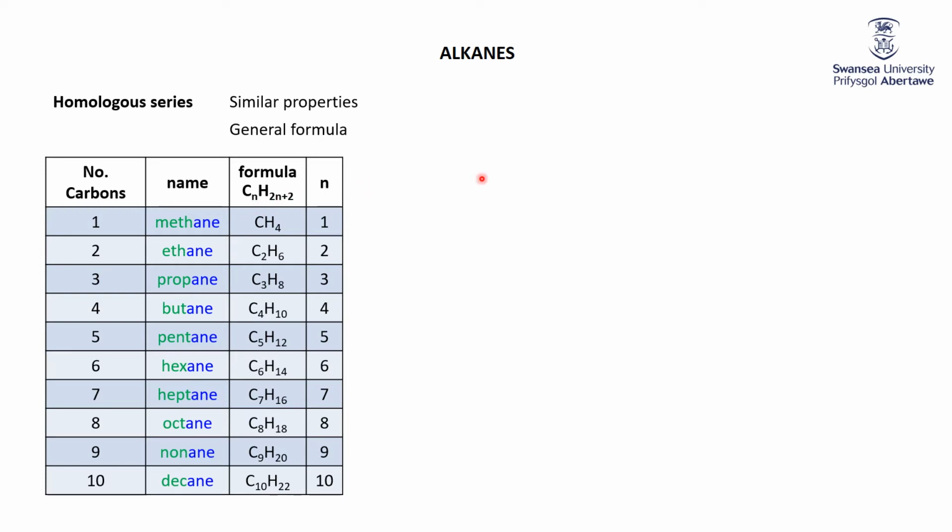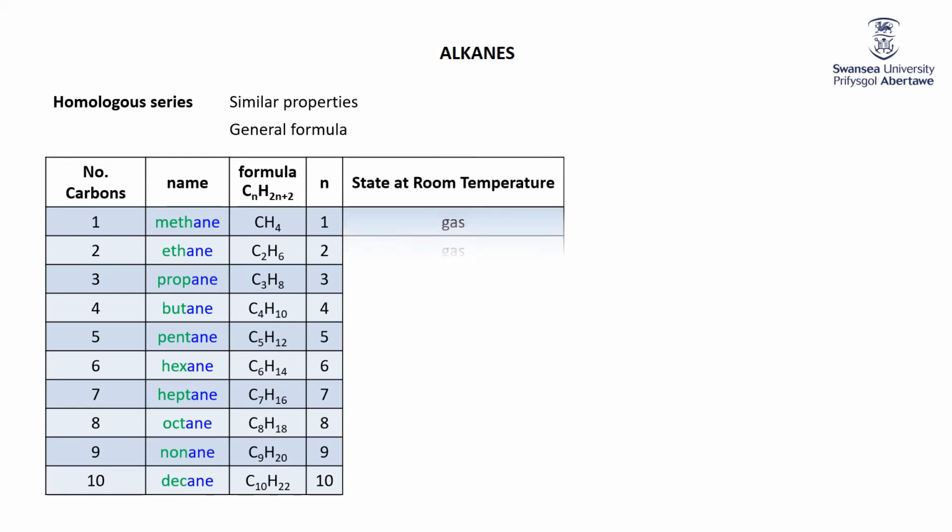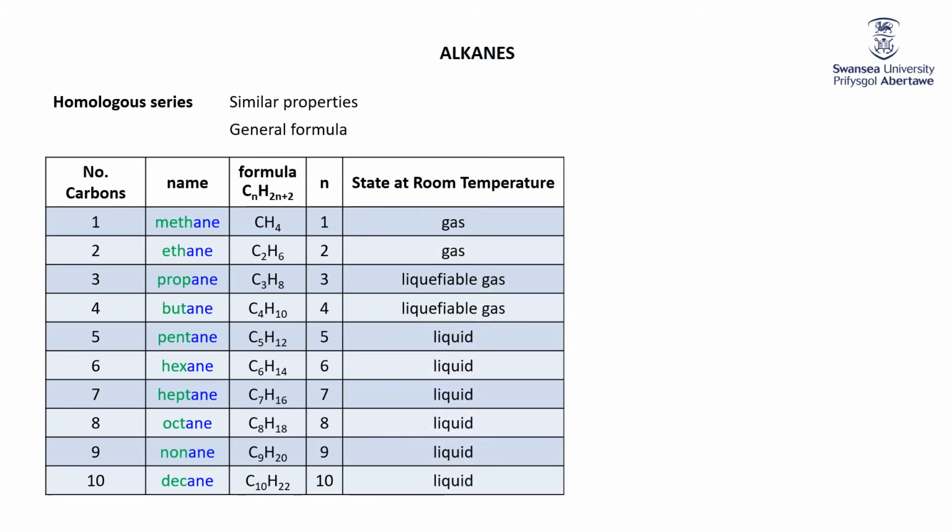Now, one of the times you might have seen alkanes even before doing organic chemistry was when you were looking at intermolecular forces, because the alkanes, being a homologous series, are a wonderful example of how dispersion forces change within a series of similar compounds. If we just look qualitatively, methane and ethane are gases at room temperature.